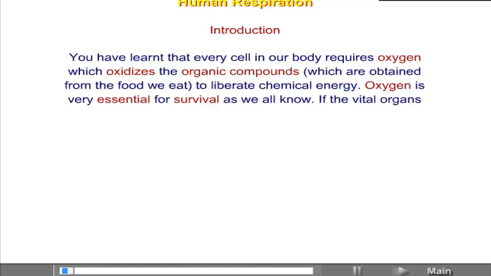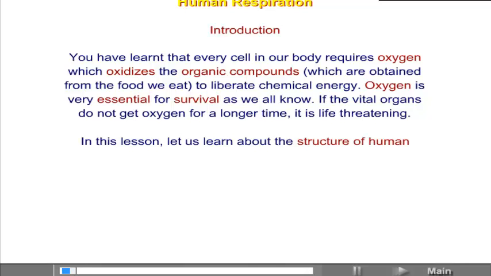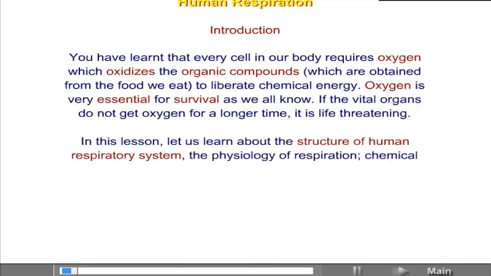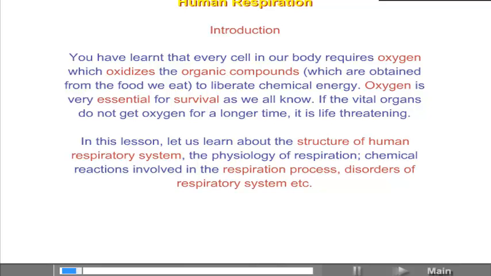If the vital organs do not get oxygen for a longer time, it is life-threatening. In this lesson, let us learn about the structure of the human respiratory system, the physiology of respiration, chemical reactions involved in the respiration process, disorders of the respiratory system, etc.